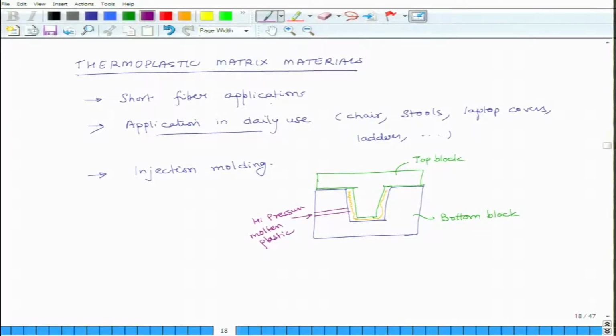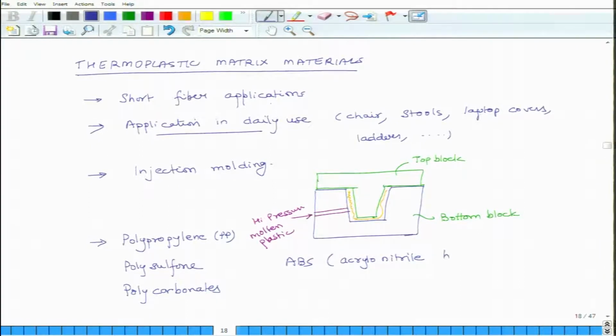Some of the very popular materials which are used in these type of applications are polypropylene, quite often known as PP, polysulfone, polycarbonates, and there is a very popular material known as ABS, which is a short form of a long name, acrylonitrile butadiene styrene.